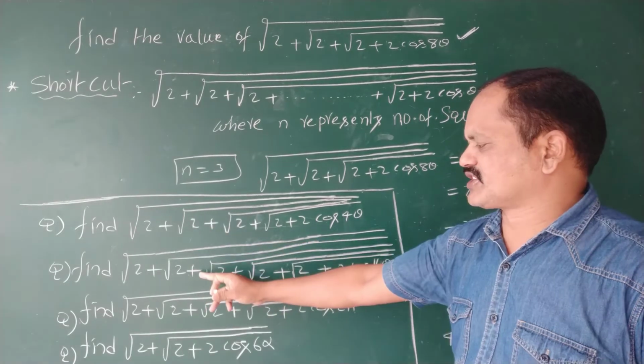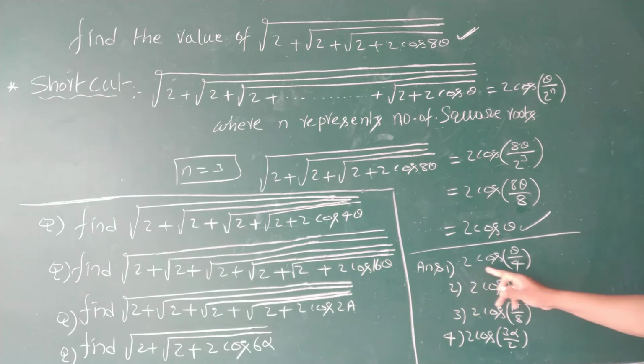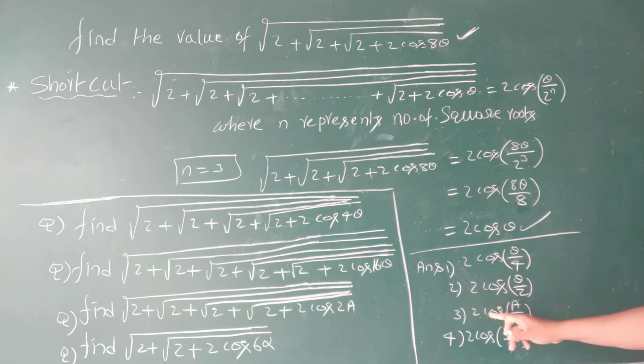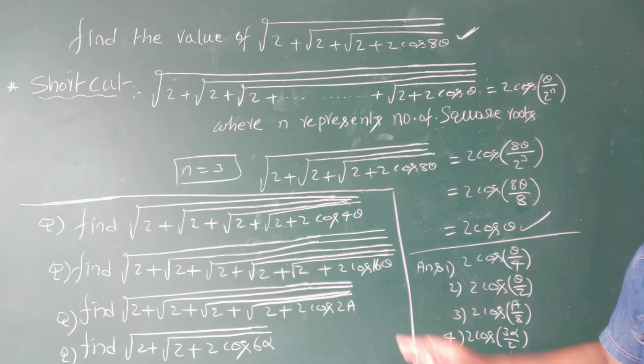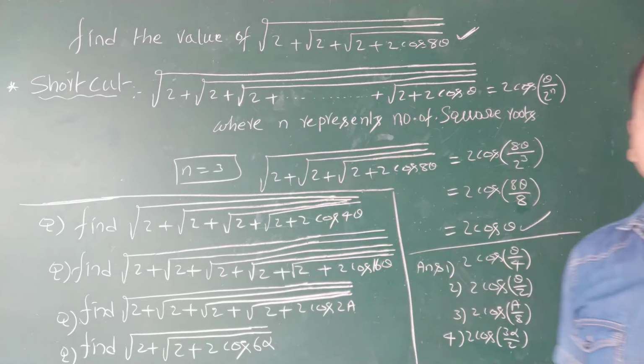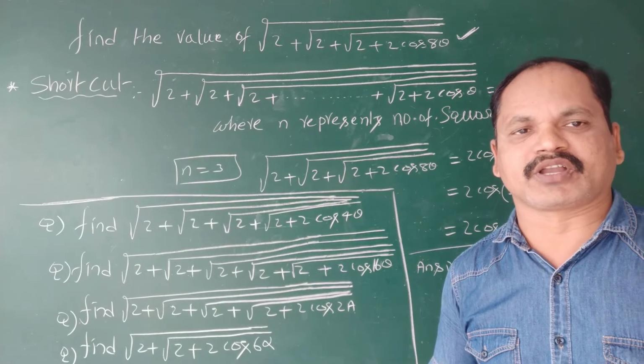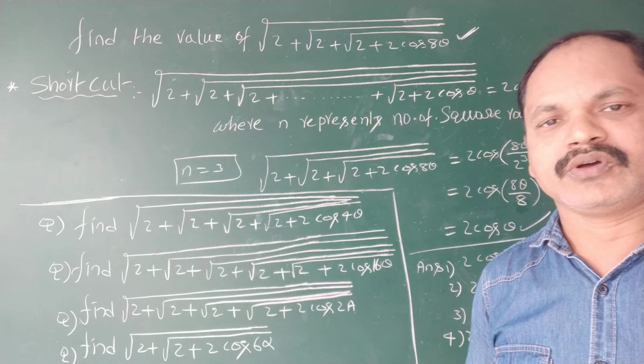This is the first question, second question, third question, fourth question. For these questions, answers are there. This is the answer for first question, second question, third question, fourth question. That's all. So you can practice these questions, verify the answers according to this concept. That's why this concept is a very, very valuable concept, the most important concept, especially for objective. Now we are going to another concept.